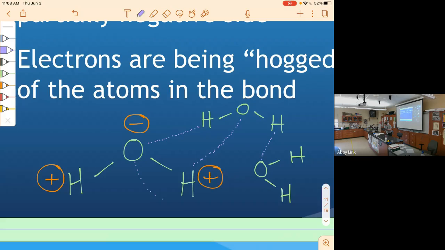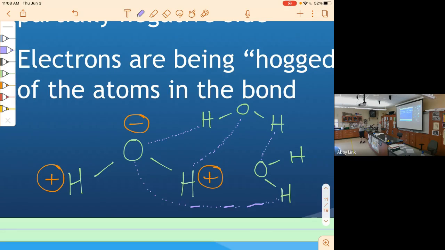Okay? And you can kind of see this, I'm trying to illustrate it with my dots, that when you have water molecules together, there's a lot going on. There are interactions between the water molecules, and it becomes a pretty strong attraction between them.